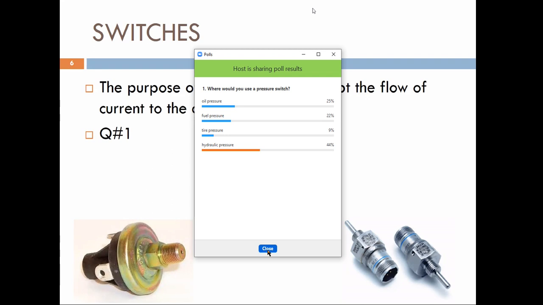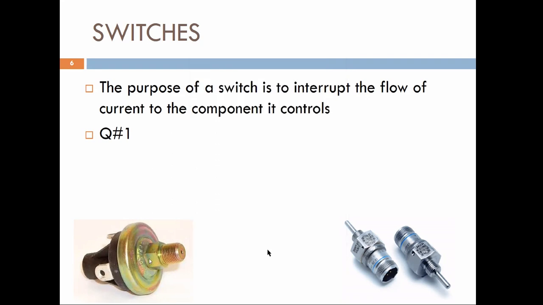Somewhere in a variable pitch prop. It's possible. Does anyone know what the switch in the diagram below is? One of the common uses for oil pressure switches, like this one here, is for your Hobbs meter.